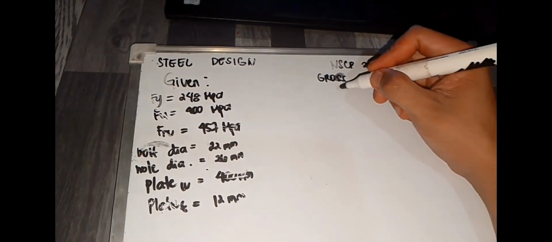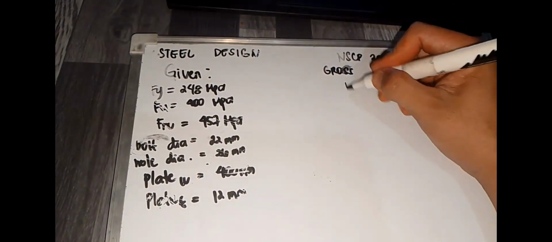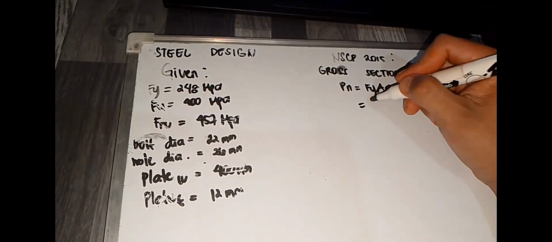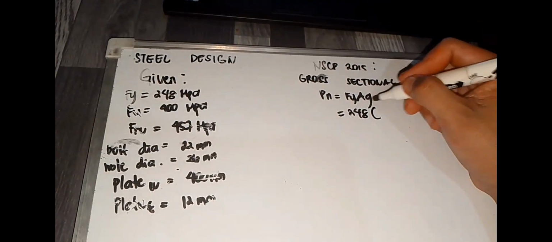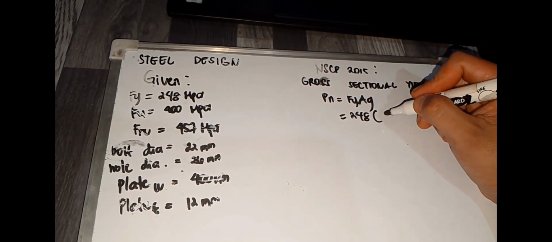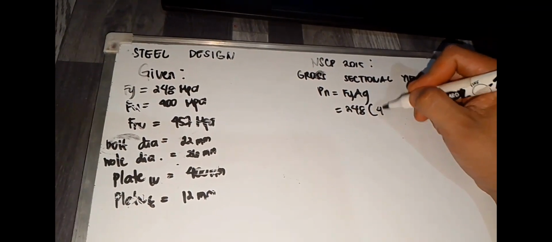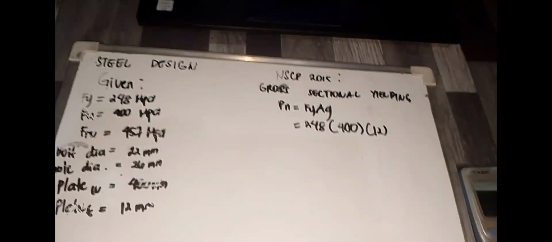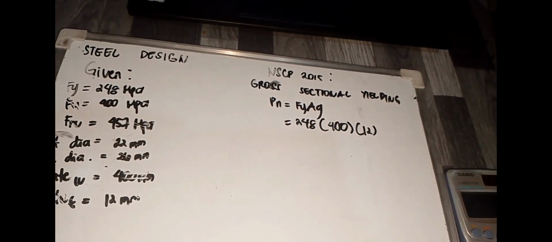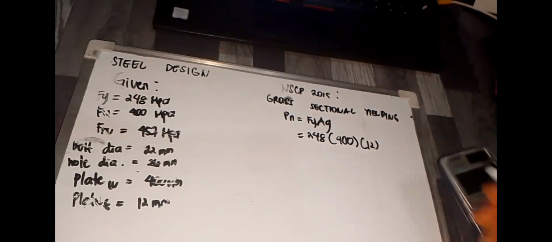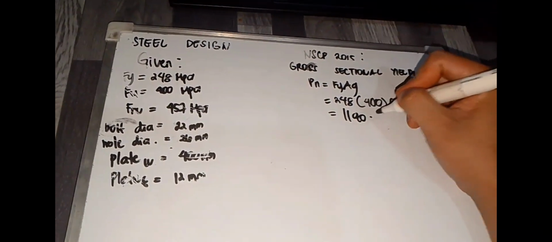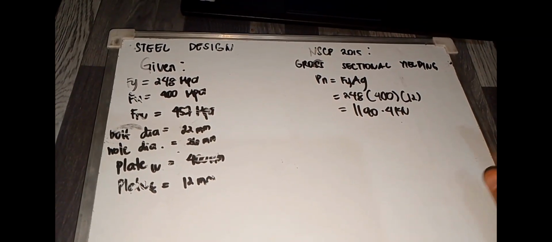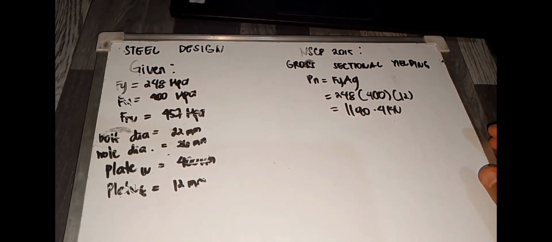The formula is nominal strength Pn equals Fy times Ag. Given Fy, which is 248, the gross sectional area is the width of the plate, 400, multiplied by the thickness of the plate, 12. So compute: the answer is 1190.4 kilonewton.